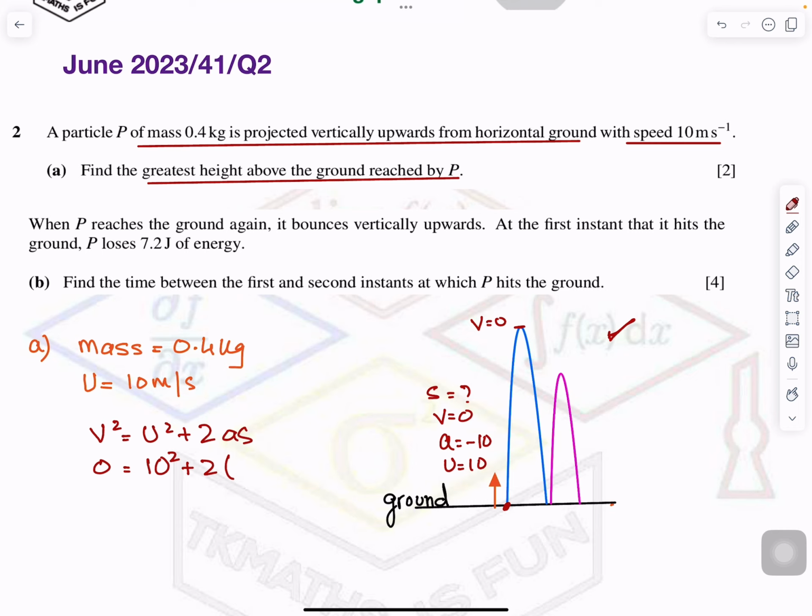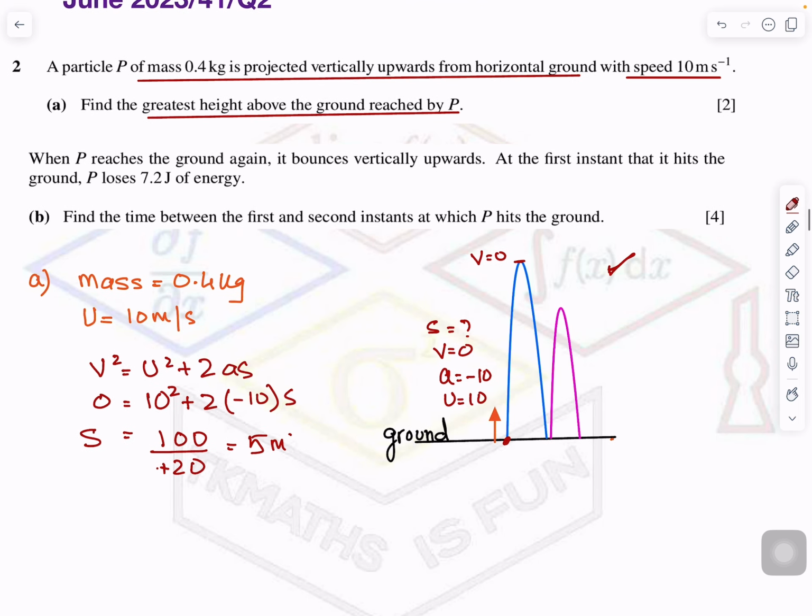I am also picking up my calculator. Okay, so the answer is 5 meters, sorry, distance. So the distance it will reach to the highest point above the ground is 5 meters.